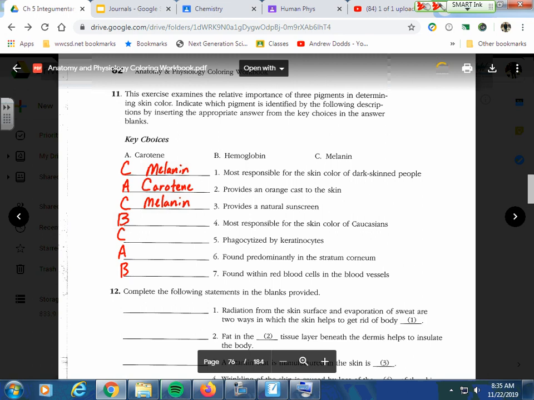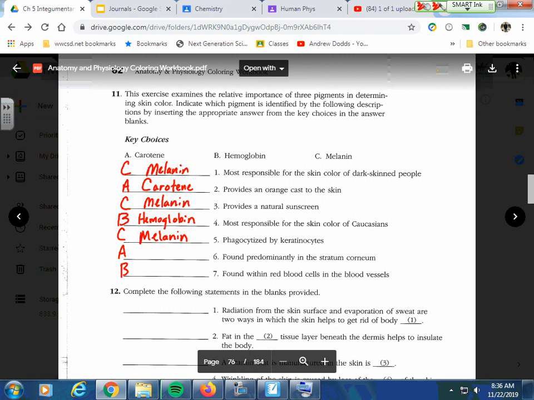That's why we have to use actual sunscreen. You see, hemoglobin, we're kind of talking about how blood affects skin color. All right, so Caucasians, lighter skin, hemoglobin. All right, C is melanin for number 5.